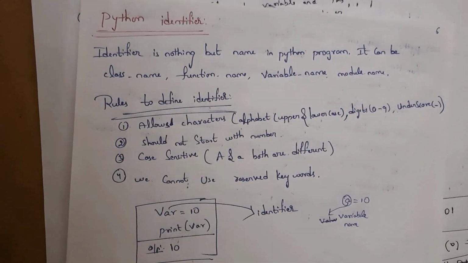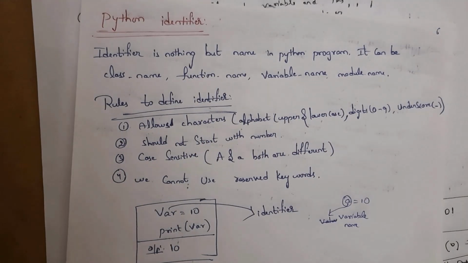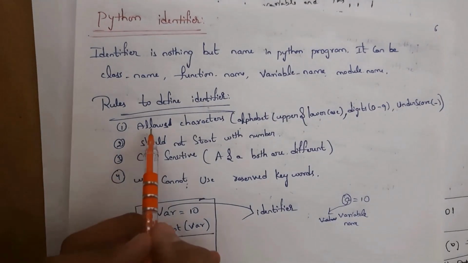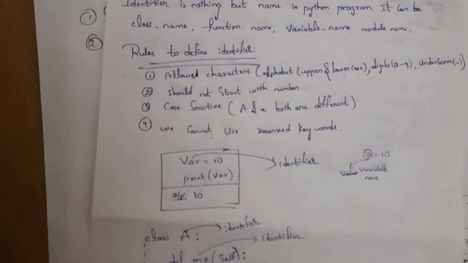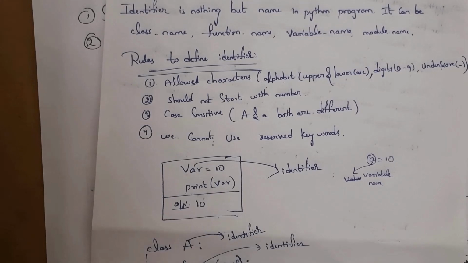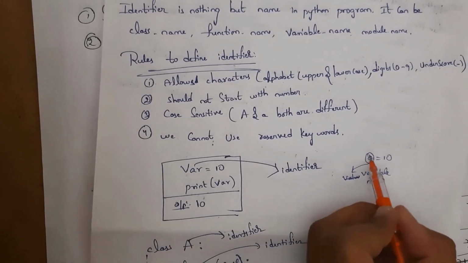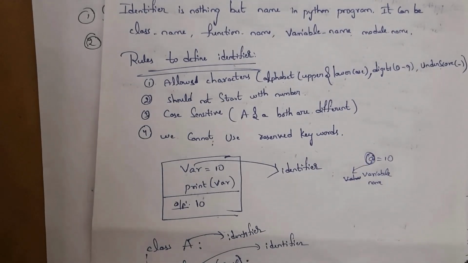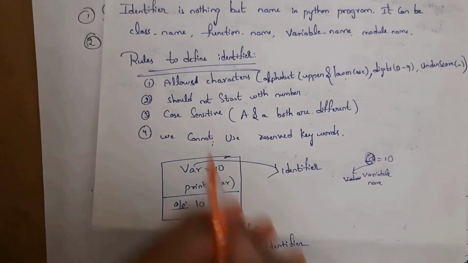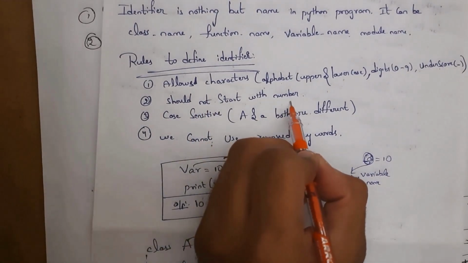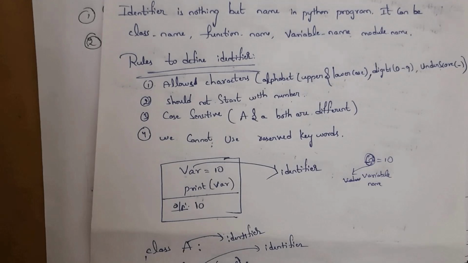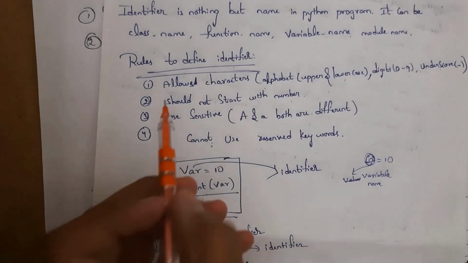There are some rules which we need to follow before declaring an identifier. Whatever rules I explained for variables, the same rules are applicable for identifiers. First, it allows characters. We can start an identifier with a letter or underscore. Here I wrote a equal to 10, where a is an alphabet, or you can also start with an underscore. You should not start with a number. This is another rule: you cannot start an identifier with a number. The third rule is case sensitivity.